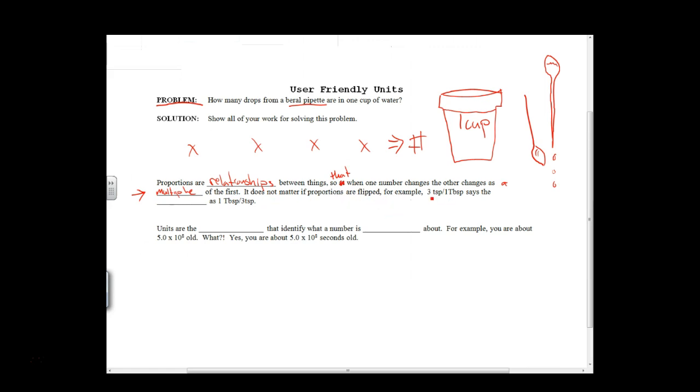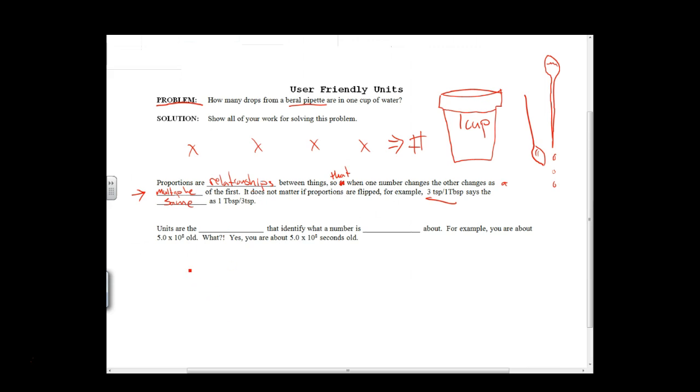For example, 3 teaspoons to 1 tablespoon says the exact same thing as 1 tablespoon for every 3 teaspoons. Okay, so that's the exact same thing.